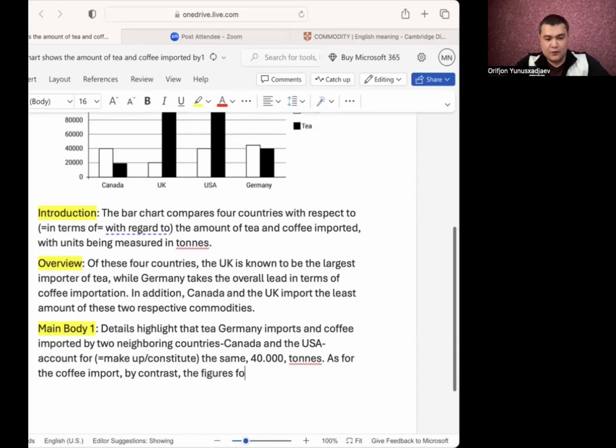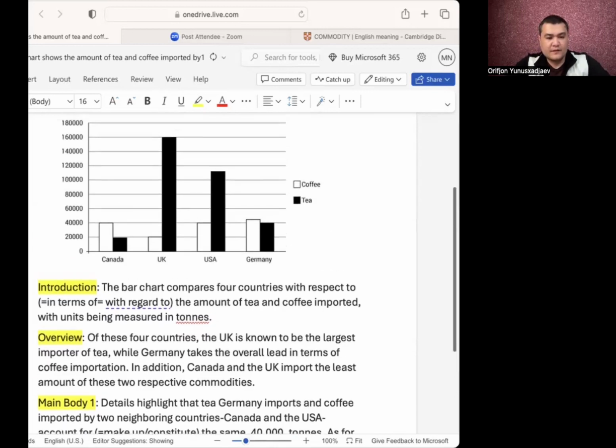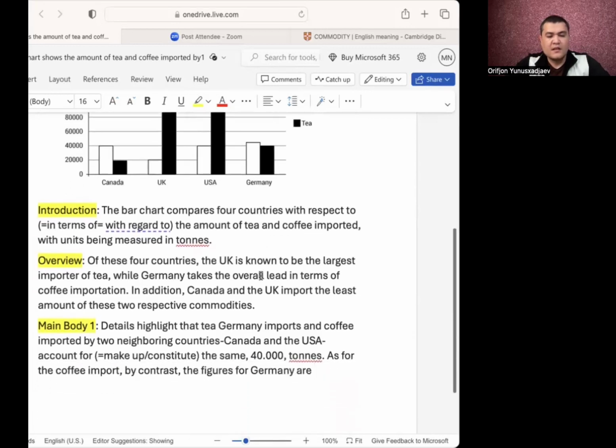The figures for Germany are about 2,000 more. As for the coffee import, by contrast, the figures for Germany are roughly, meaning around, 2,000 tons higher. That's it. That's over for the first main body.